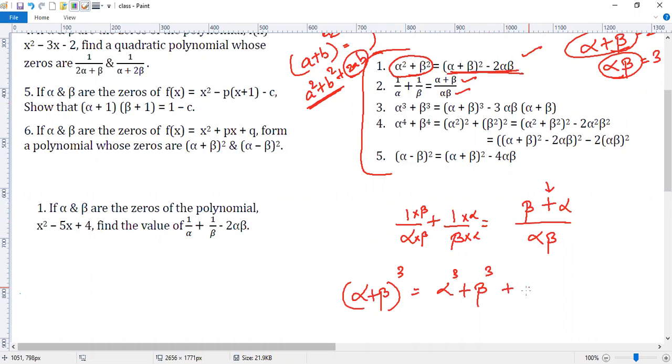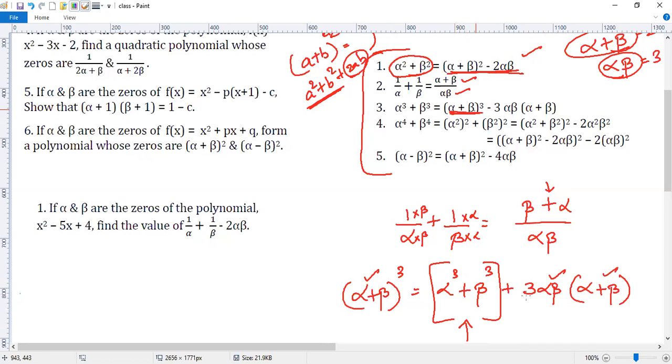Plus 3 alpha beta into alpha plus beta. இதுல பாத்தீங்கன்னா இந்த term நமக்கு வேணும்னா மத்தது எல்லாமே பாரு, இது alpha plus beta, இது alpha beta, இது alpha plus beta. கரெக்டா? அப்ப இது மட்டும் வேணும்னு நமக்கு தேவைன்னா in that case keep this on one side, take other things to the other side. ரைட்டா? அப்ப என்ன கிடைக்கும்? Alpha plus beta whole cube. இந்த term if it goes to the other side it becomes minus, இல்லையா? அதனால தான் minus 3 alpha beta into alpha plus beta.